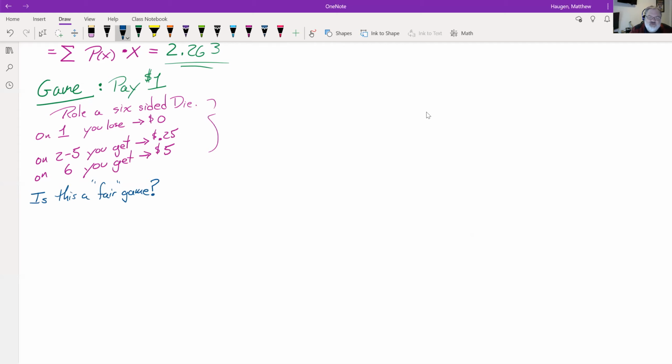If we find the expected outcome of this game is $0, that means we're going to lose as much as we gain. It's a fair game. That's almost never the case. Usually the game favors one party or the other. So if the expected value ends up being negative, then we expect to lose in the long run. If the expected value is positive, we expect to win in the long run.